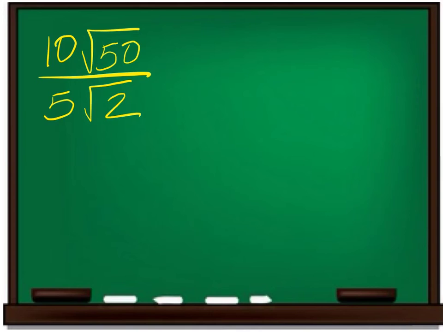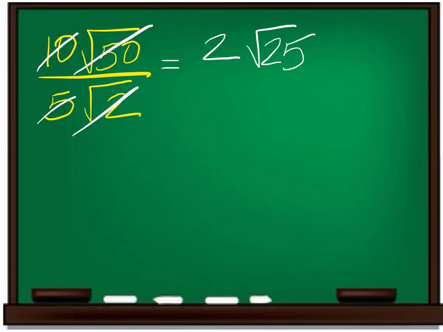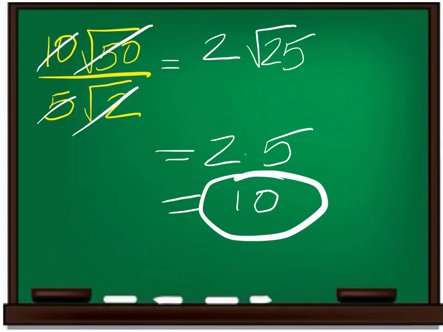On this practice problem, 10 over 5 cancels to a 2 on the top, and square root of 50 over square root of 2 is square root of 25 on the top. So the bottom is gone. 2 times 5 is 10.